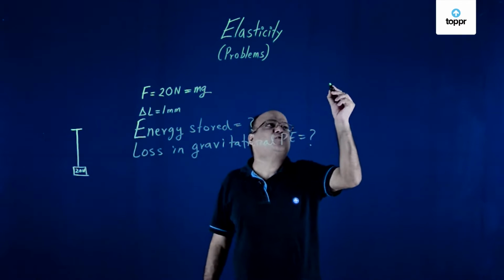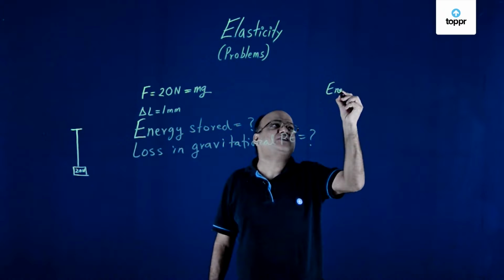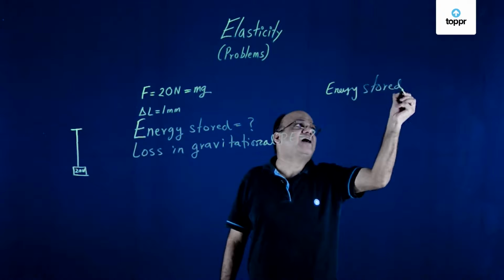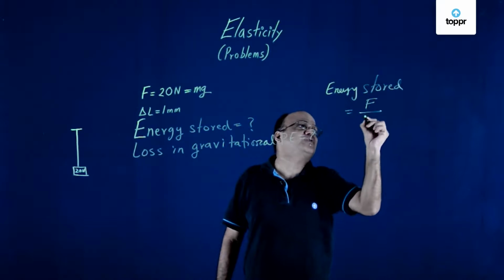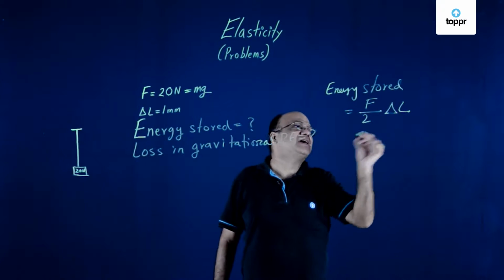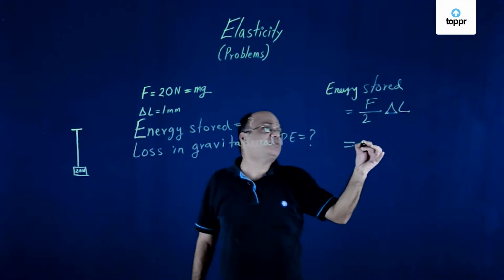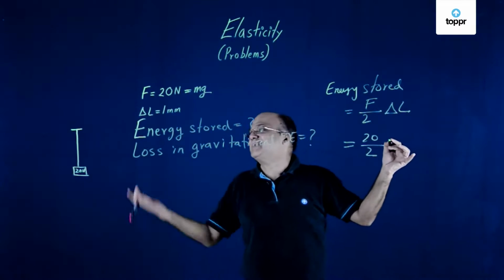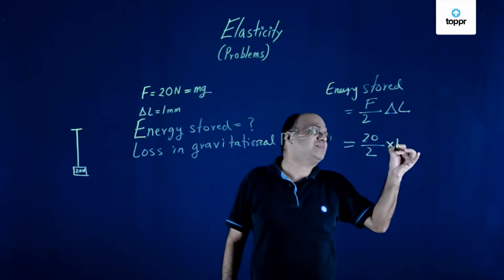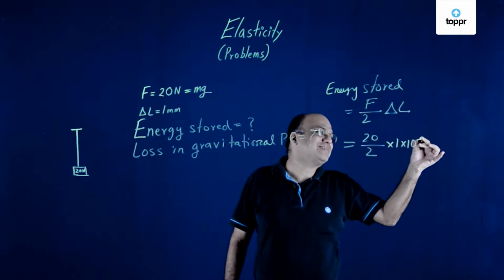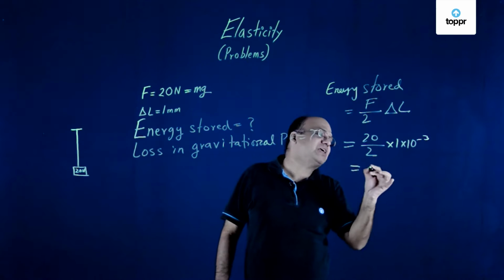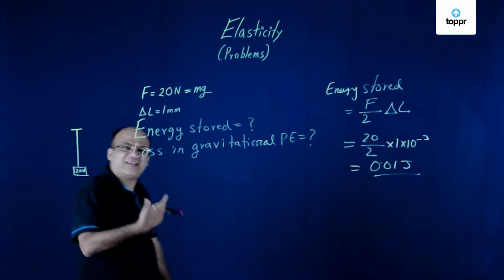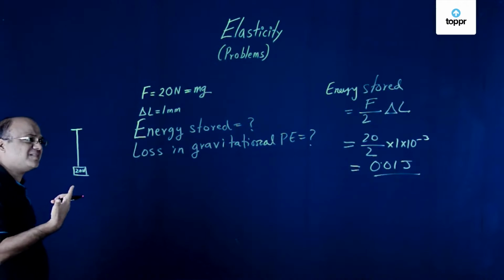Energy stored will be average force F by 2 into delta L. F is 20 Newton, so average will be 20 by 2, that is 10, and delta L is 1 millimeter, 1 into 10 to the power minus 3. This gives us 0.01 joules. This is the energy stored in this process.